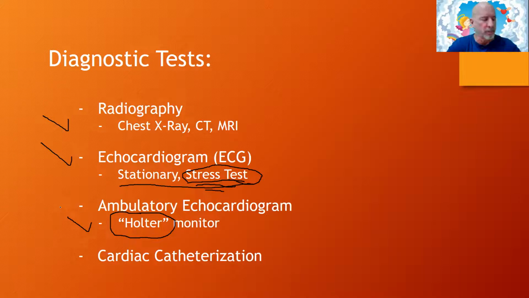If we suspect somebody has atrial fibrillation, but it's intermittent, we can put the Holter monitor on them and it records their ECG over a 24-hour period. And then the doctor can look at it and see, oh yeah, you have intermittent atrial fibrillation. The reason that's important, I'll explain to you during week 7 when we talk about AFib, because you treat intermittent differently than you treat full-on chronic atrial fib.